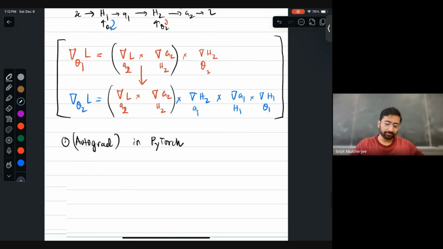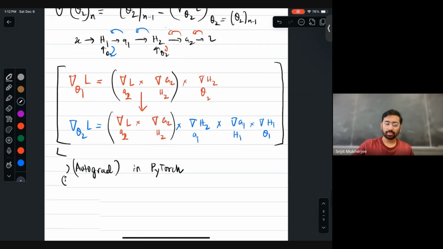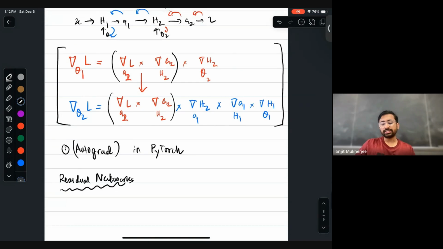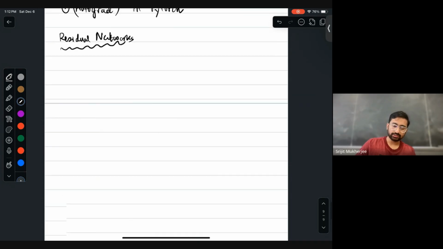So if you observe, there can be many other ways of doing it. Sometimes, in something called residual networks, we will see later on, the graph. So now you see this is a graph. Mathematically, it's a graph. We have nodes.